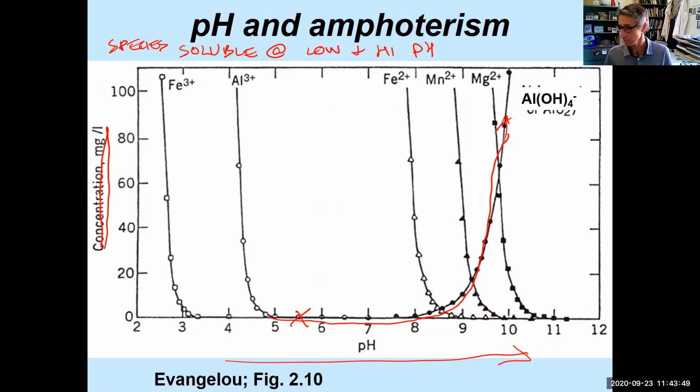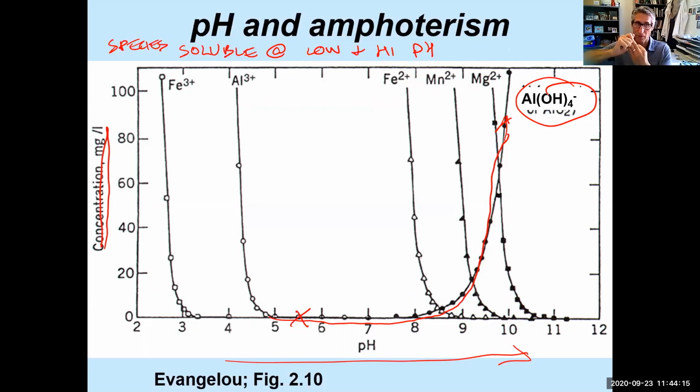Okay? So that's just demonstrating that aluminum, right, is soluble both at low and high pH.